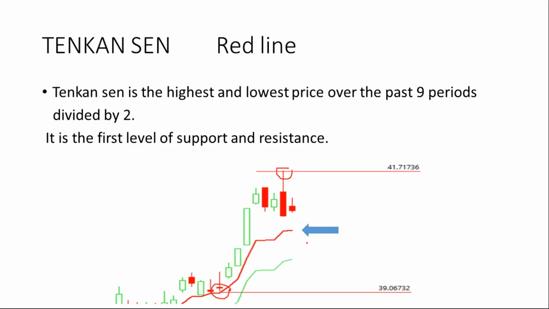So it's then suggesting that as the price starts to flatten out, it also starts to flatten out, and in future may provide a level of support if the price comes down to that line.